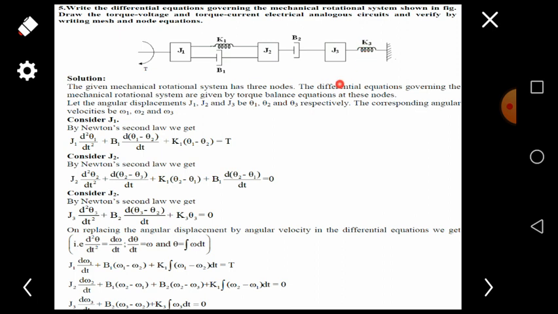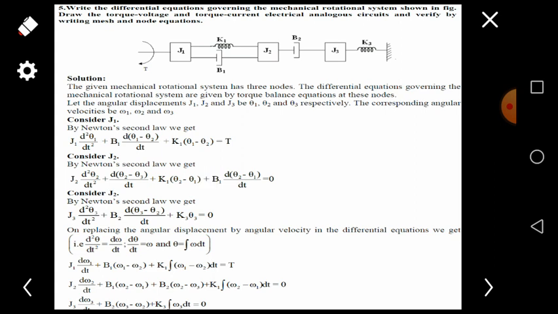We have to consider the displacement of J3 first. So b2 into d of theta 3 minus theta 2 divided by dt plus k3 into theta 3 equals 0, because k3 is connected only with the inertia J3. So we directly write it as k3 into theta 3 equals 0.